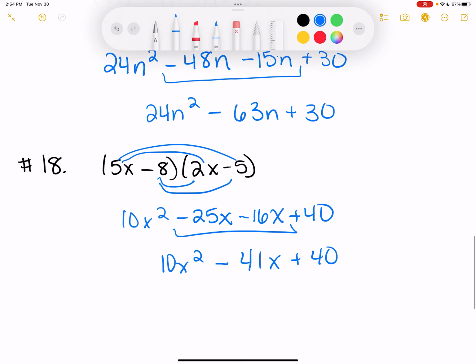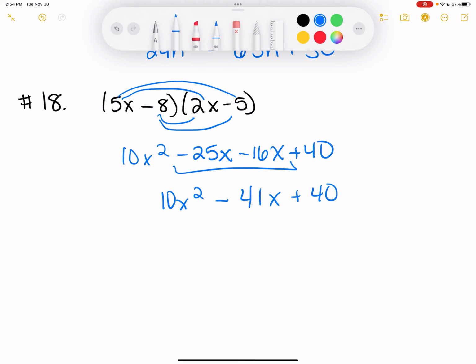All right, the next ones are what I like to call superfoiling. It's the same, there's just an extra term. 20b minus 2 times b squared minus b plus 1.